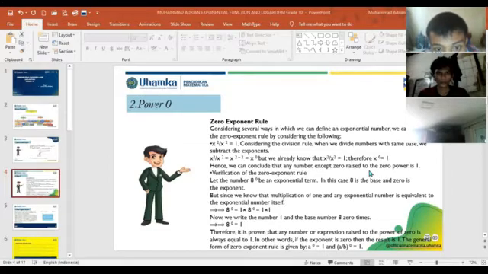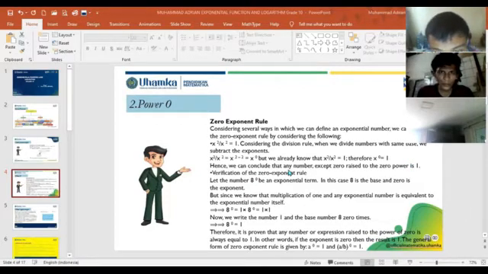Verification of the zero exponent rule. Let the number x power 0 be an exponential term. In this case, x is the base and 0 is the exponent.